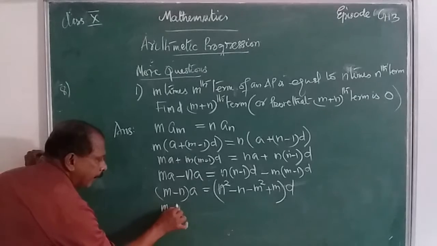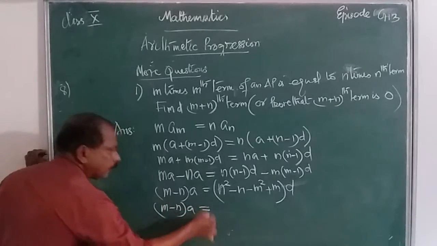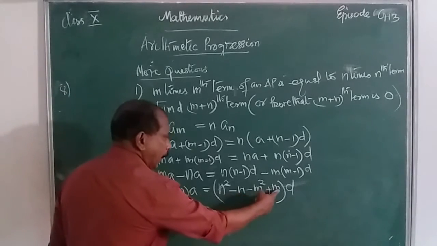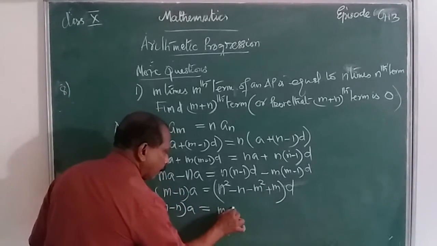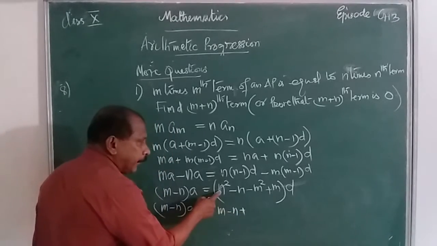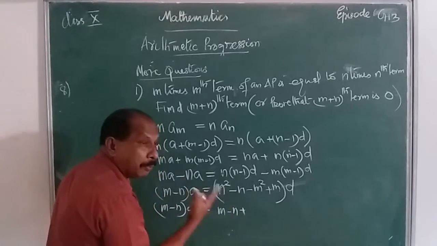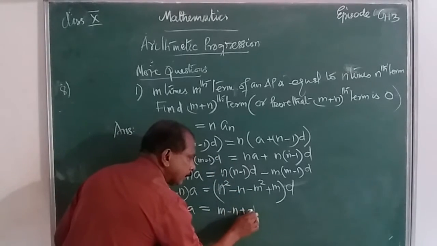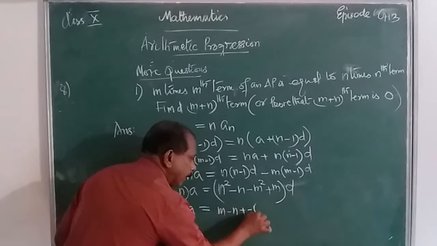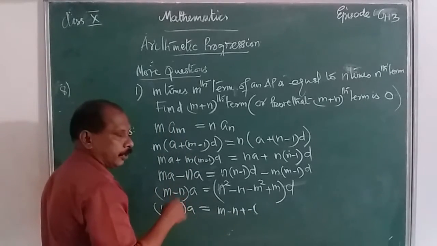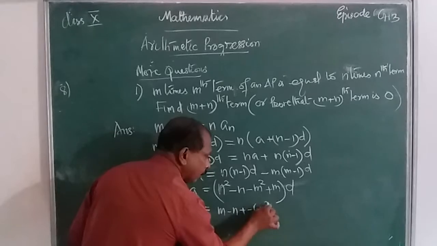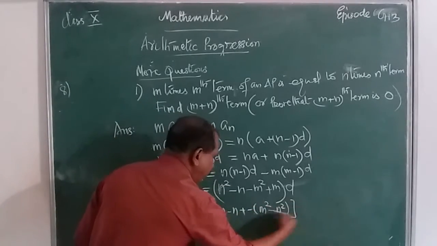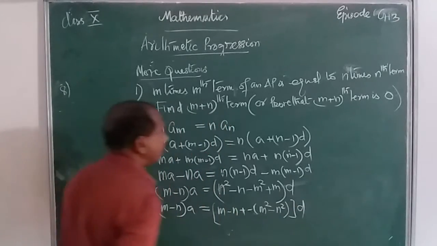That is (m minus n) into a is equal to (n square minus m square minus n plus m) d. From these two, we take minus as common. Therefore, minus (m minus n) into (m plus n minus 1) into d. Clear?